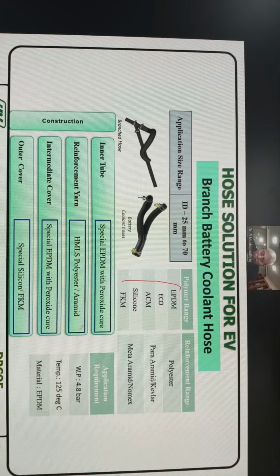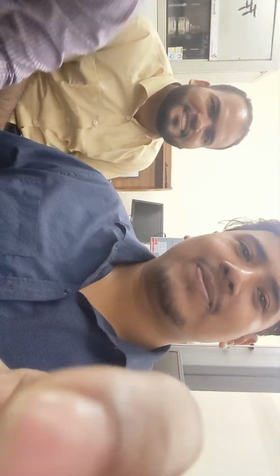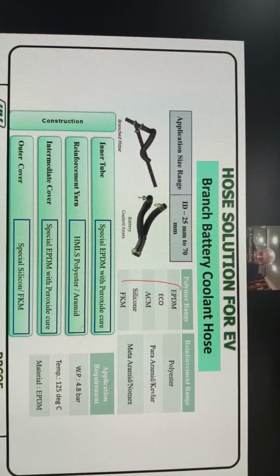Let me be very clear: for the inner tube of the hose solution for EV, we require a special EPDM with peroxide cure, for the yarn we require high modulus, low shrinkage polyester, and the cover we require special EPDM with peroxide cure, and the outer cover requires silicone or fluorocarbon. So these are the requirements of the hose solution for EV, especially the coolant hose.